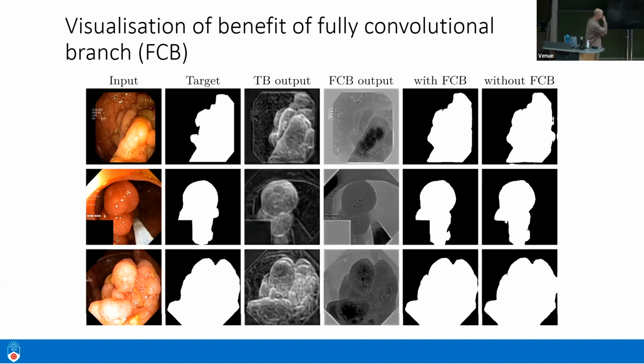And we can see that there are certain boundaries where, when we don't have the fully convolutional branch, there's kind of an overflow of positives, if you will, and the boundary is not well represented, whereas it's much better represented when we have the fully convolutional branch.